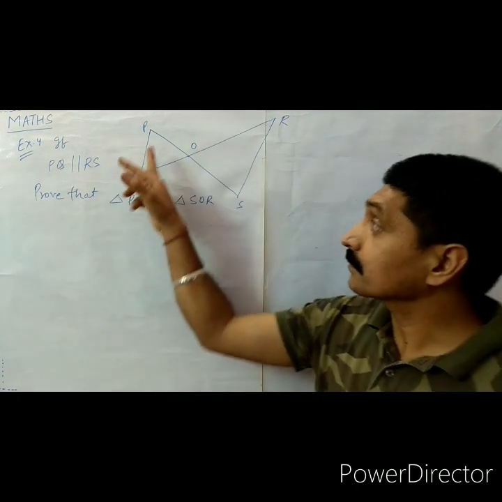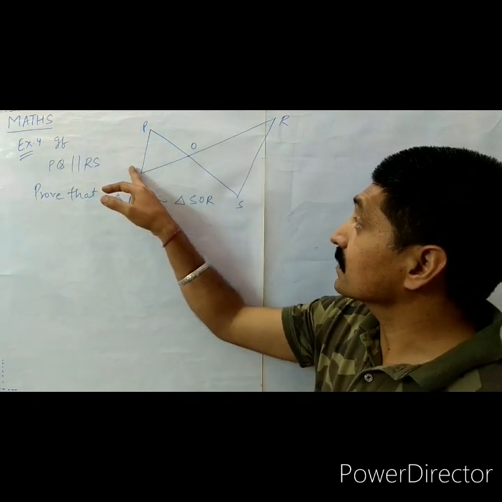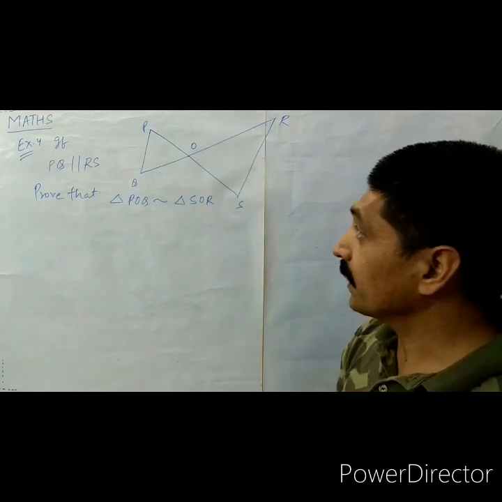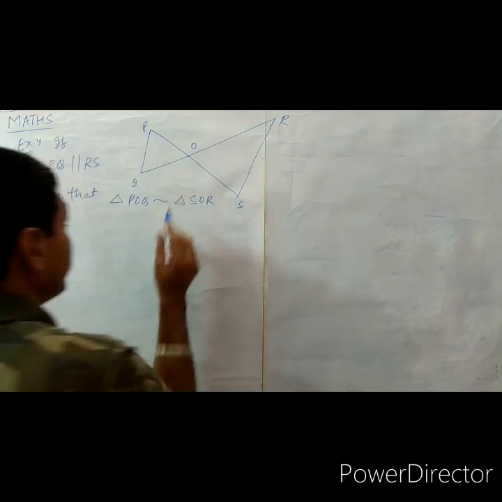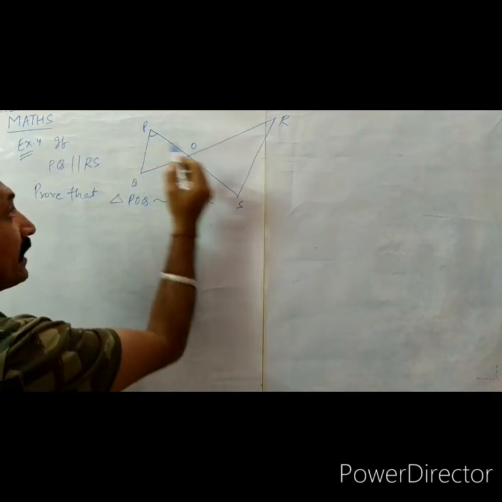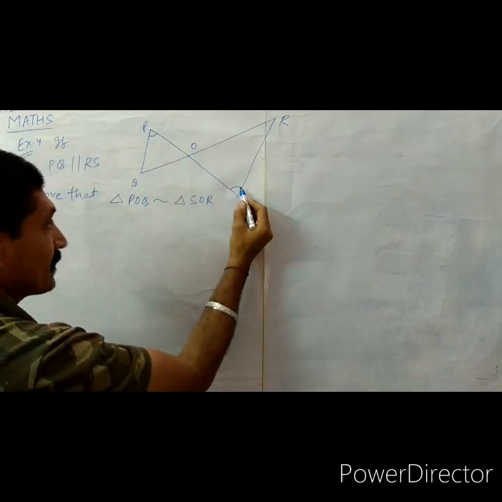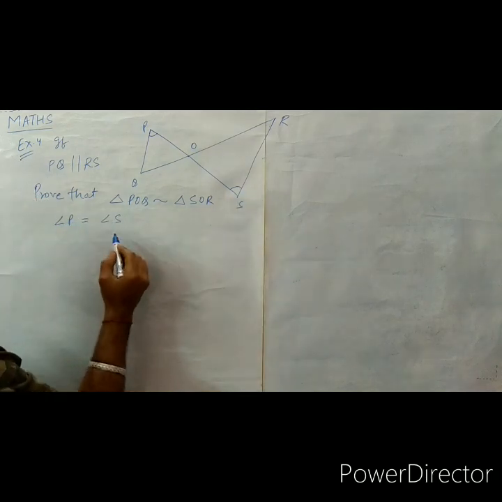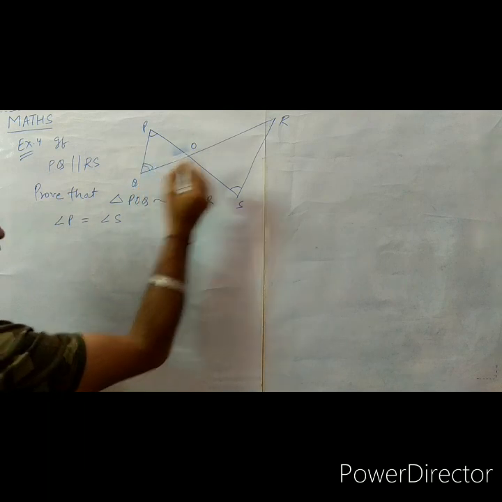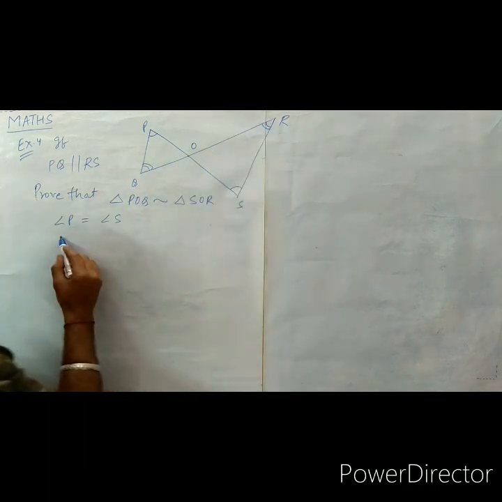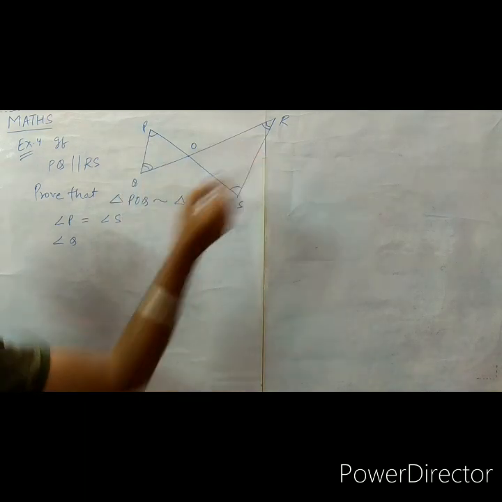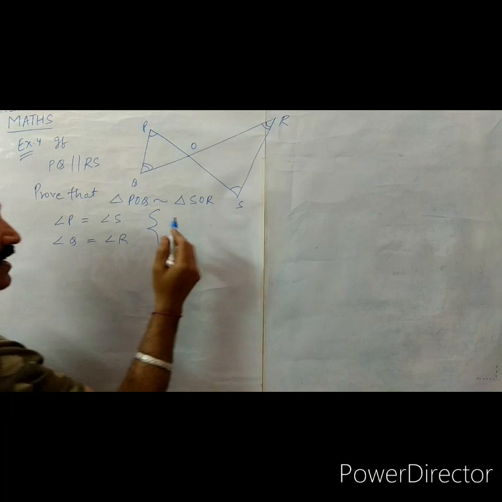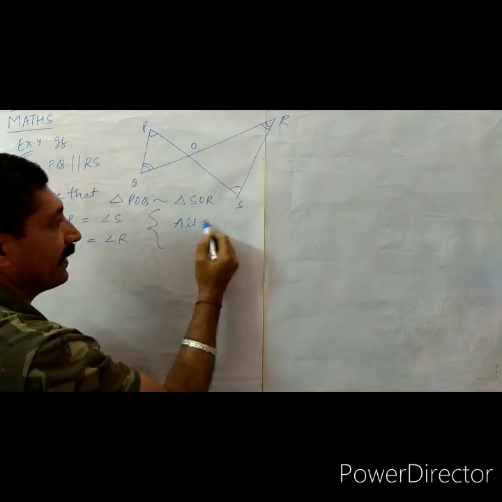So here, sides PQ is parallel to SR, given. So in the triangles, angle P is equal to angle S, and angle Q is equal to angle R, because these two lines are parallel. We give the reason: these angles are alternate angles.